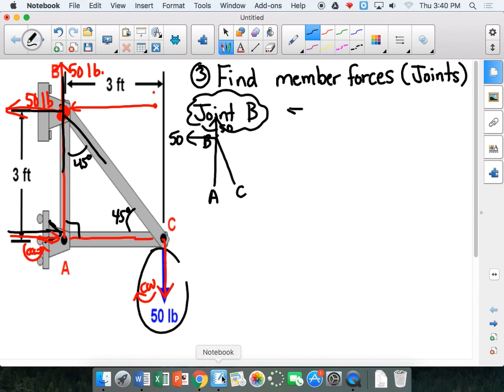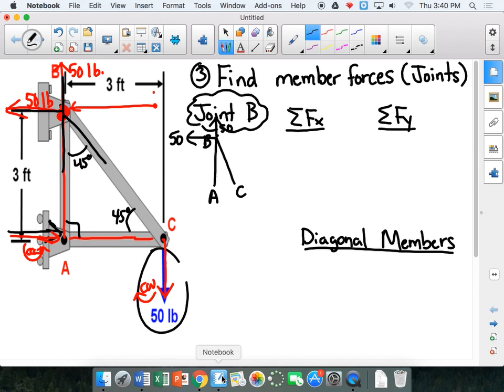So at this point I want to list my forces in the x direction and list my forces in the y direction, keeping in mind that I also have to find any diagonal members, and the only diagonal member or beam that I have is BC, so I'll need to definitely find that beam. So I'm looking for anything that goes left and right.